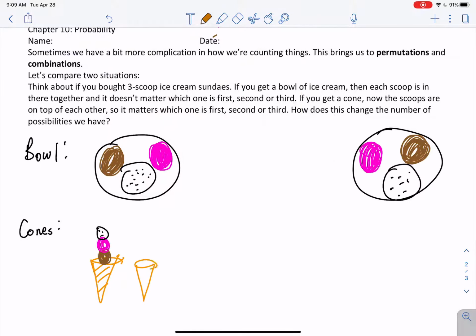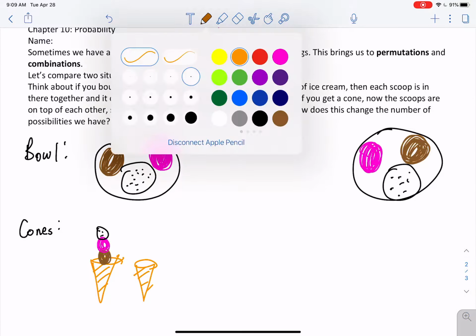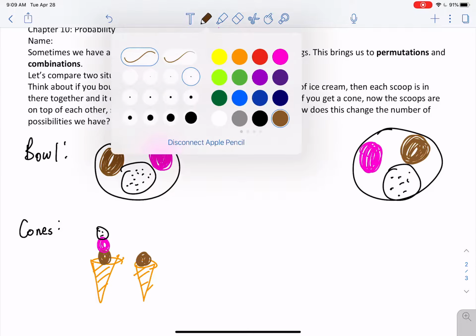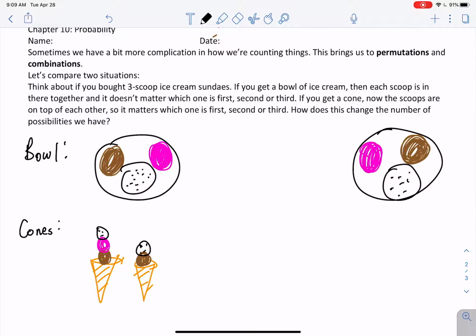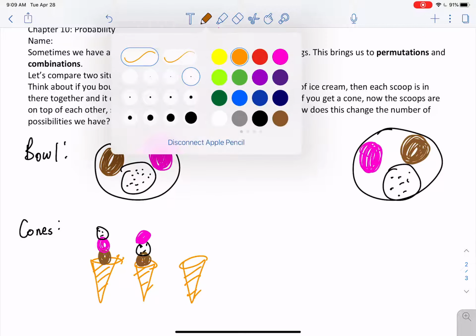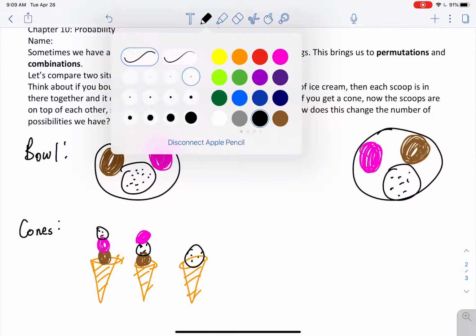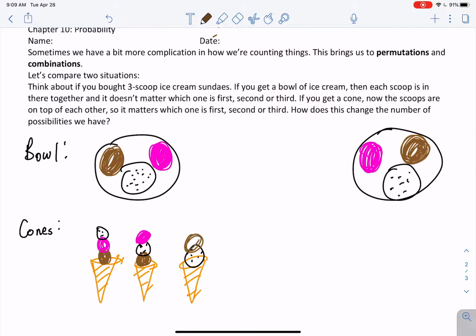I can go chocolate, vanilla, and then strawberry. I can go vanilla, chocolate, and then strawberry, and so on.